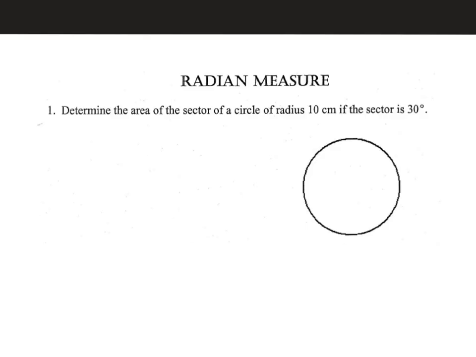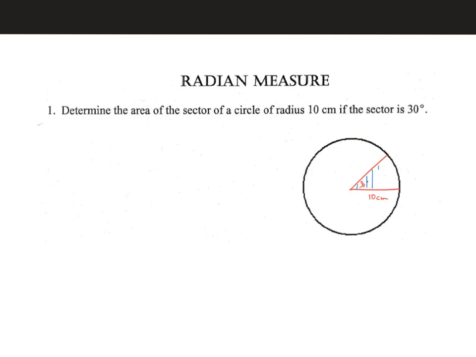What the question is asking, then, is for a circle that has a radius of 10 centimeters, what is the area of a sector? So if I was to now rotate 30 degrees, what is the area of that sector?